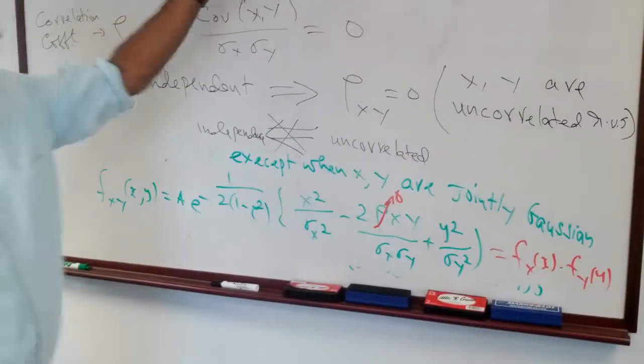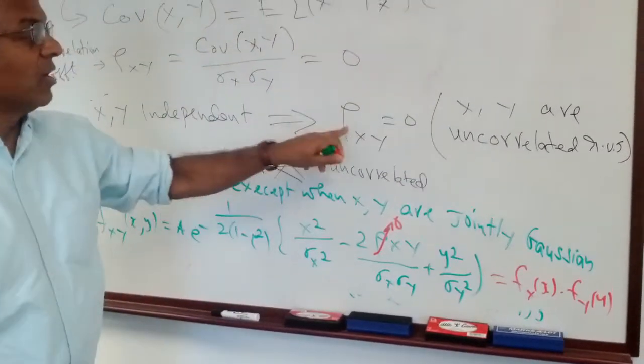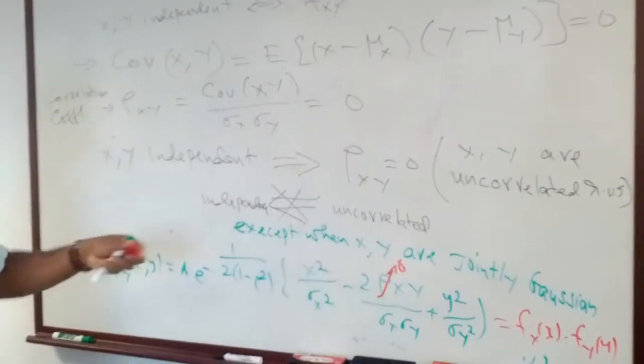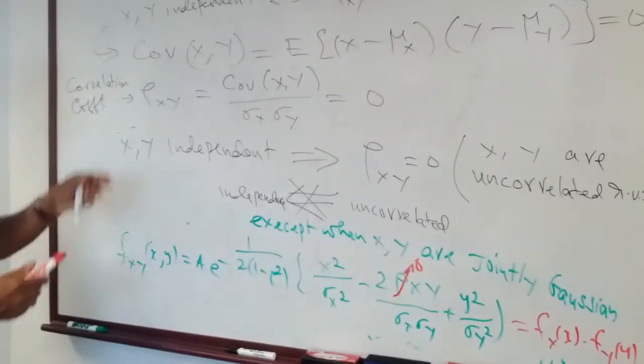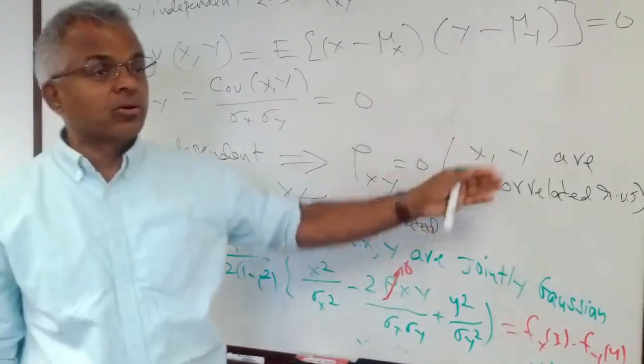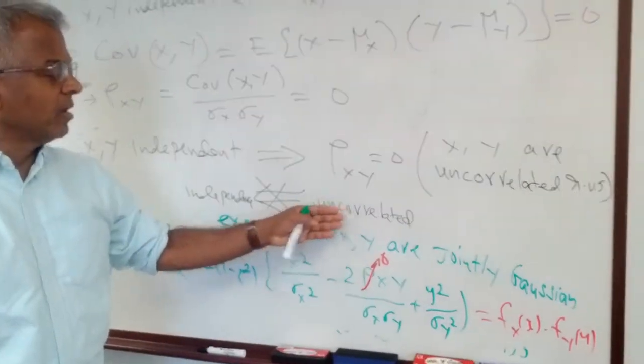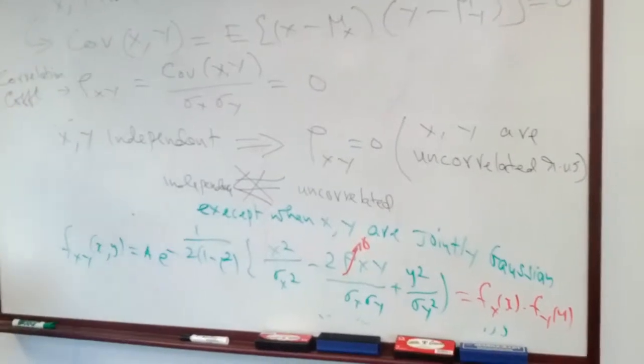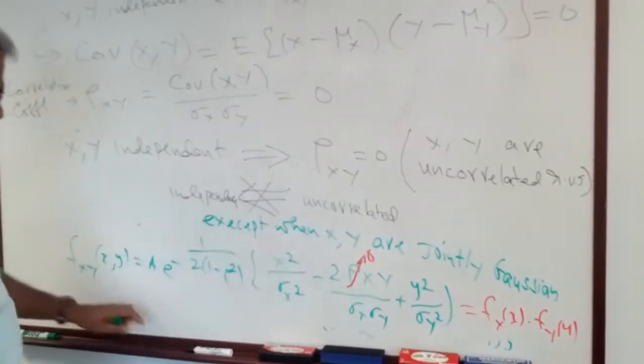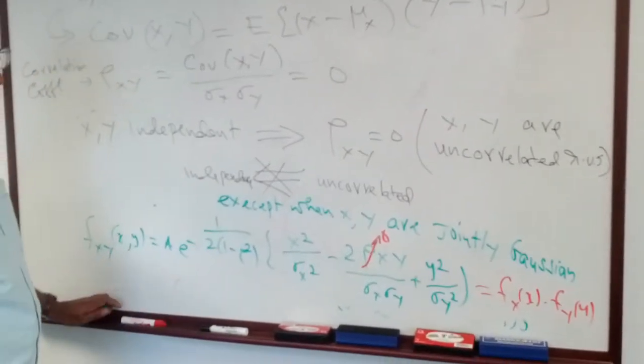So we have proved that this is true. So the theorem is: independence implies uncorrelated for all random variables, and uncorrelated in general does not imply independence, except when x and y are jointly Gaussian.